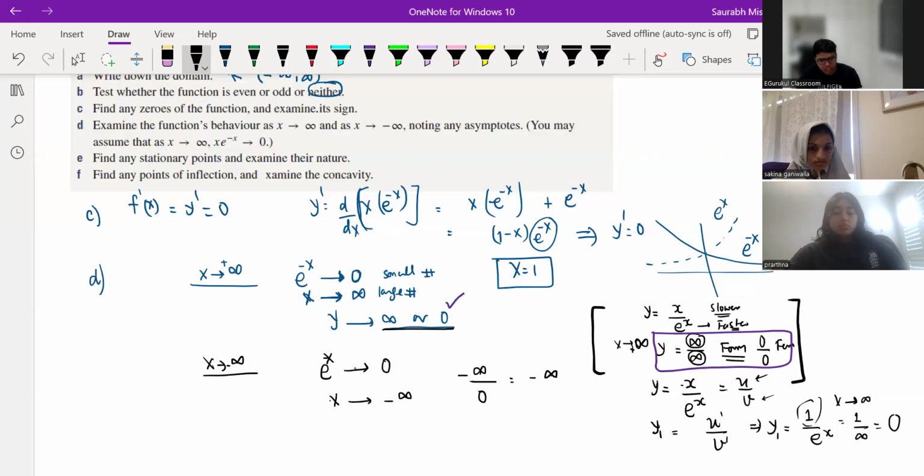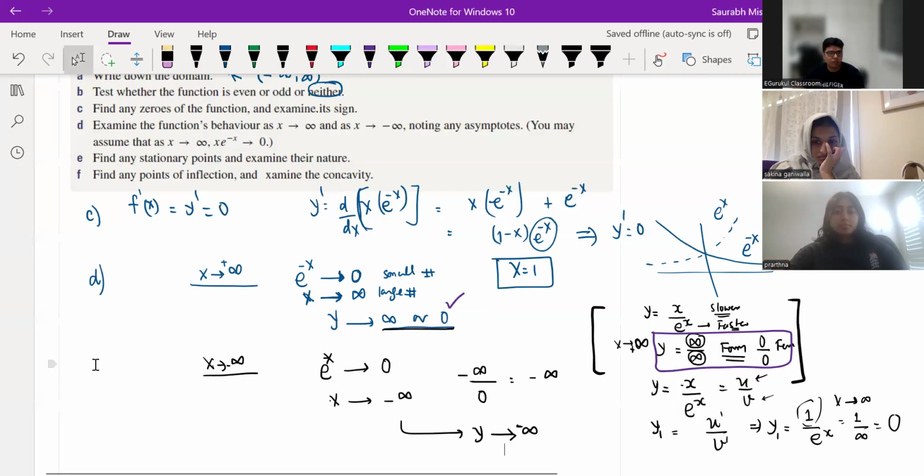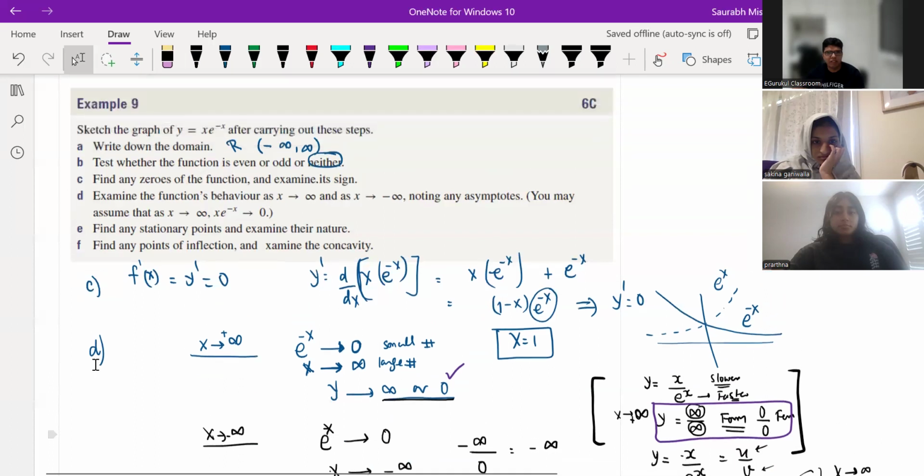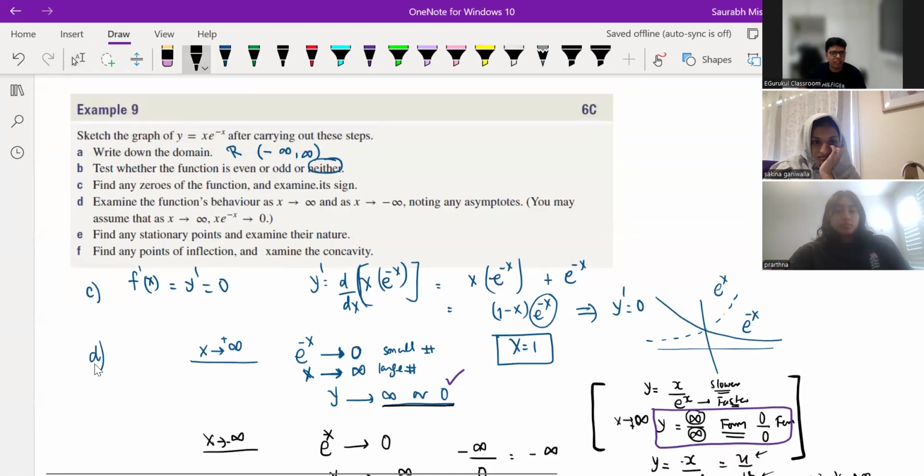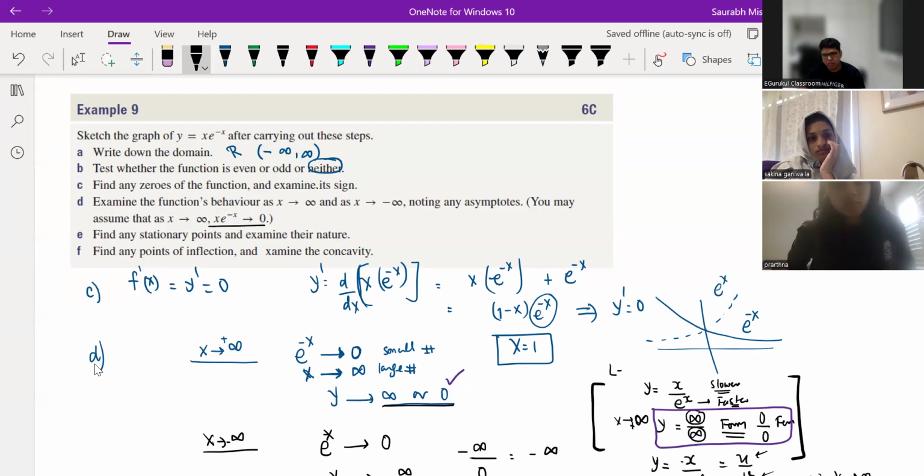So when x tends to minus infinity, what is happening to the graph? y is also tending to minus infinity. Clear, Pratna? They are given actually. You may assume that I have told you the L'Hospital rule.